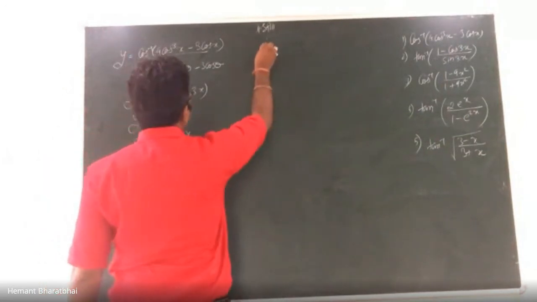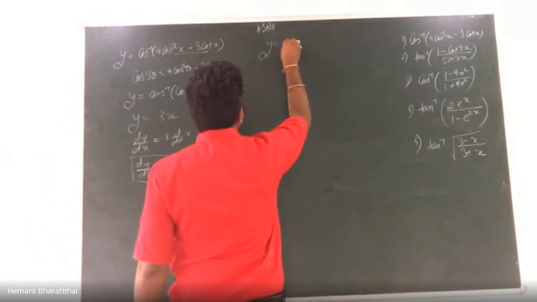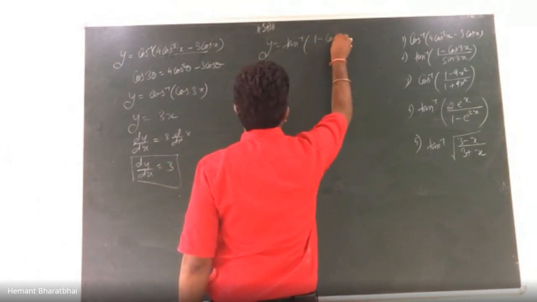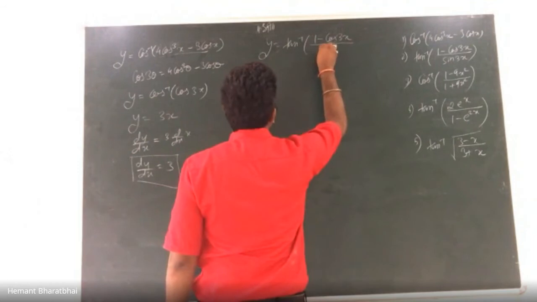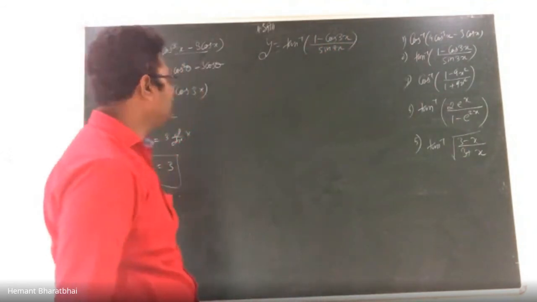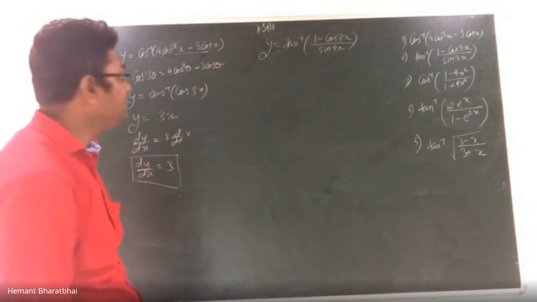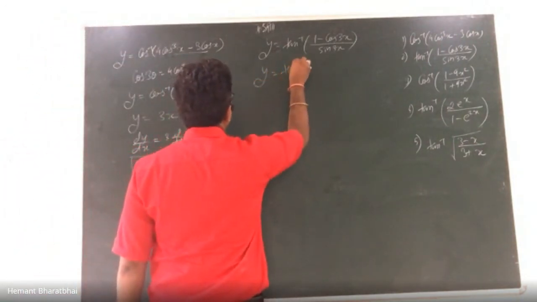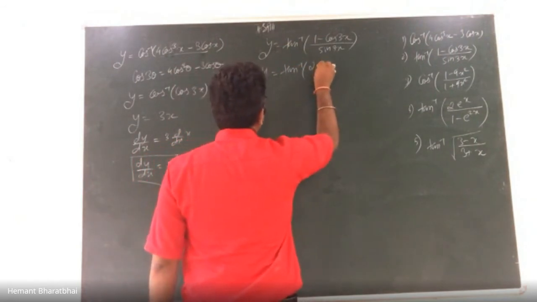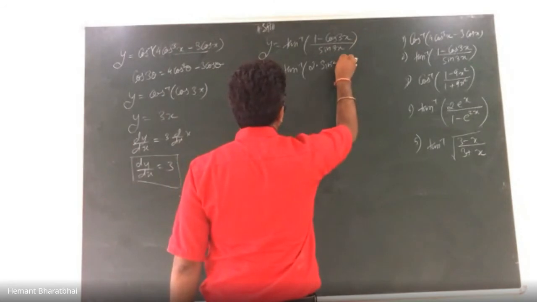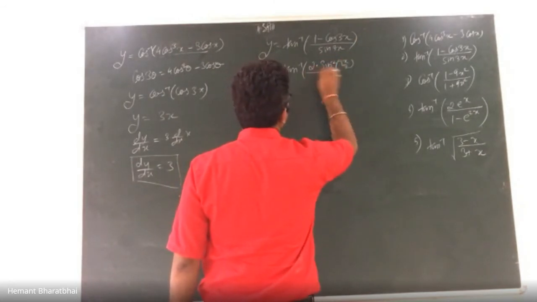Let's try the next one. Y is equal to tan inverse of 1 minus cos 3x upon sin 3x. So 1 minus cos 2 theta is 2 times sin square theta, so this will become 2 times sin square of half of this, that is 3x by 2.